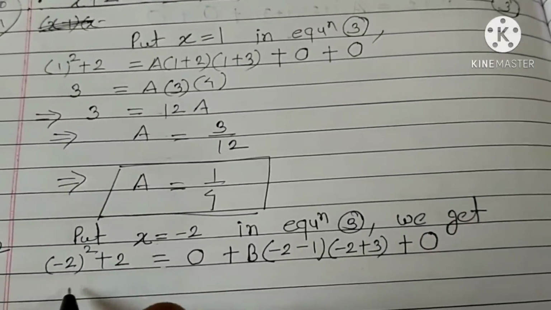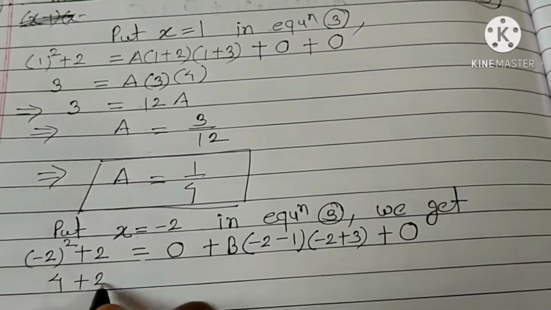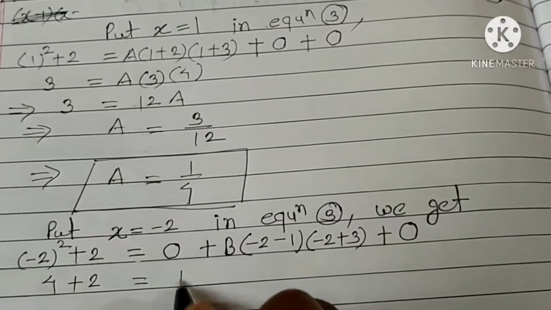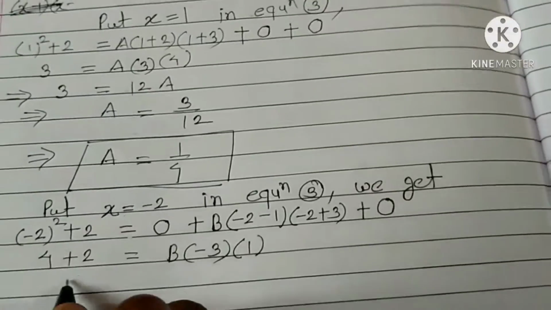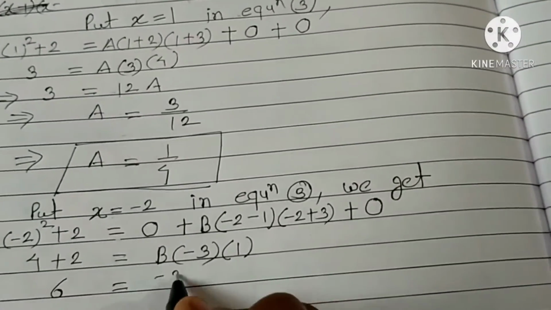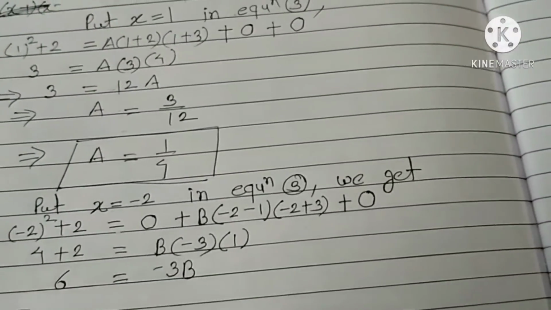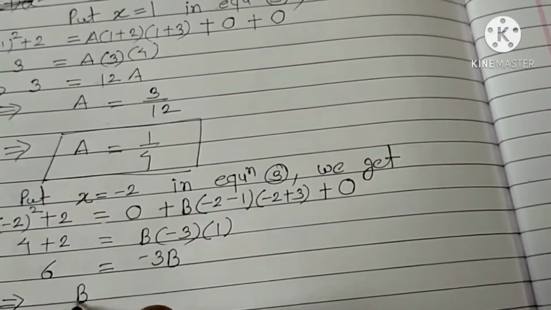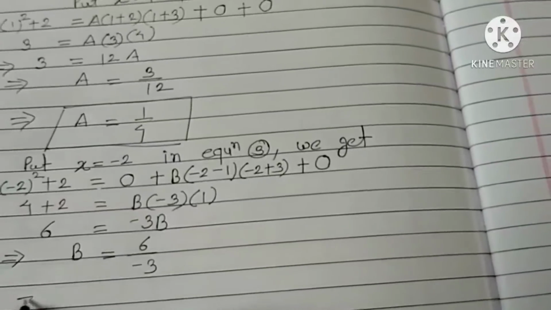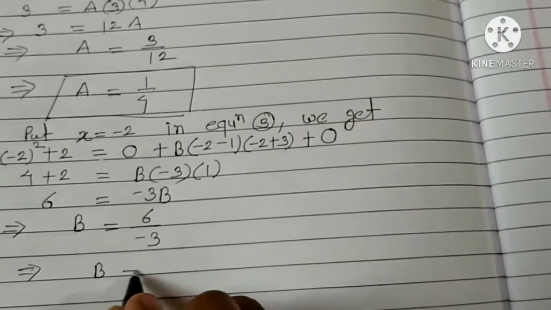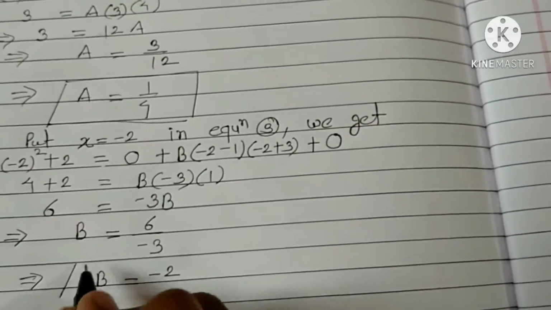Here we get minus 2 square 4 plus 2, which is equal to b into minus 3 and it is 1. So 6 is equal to minus 3b and this implies that b is equal to 6 upon minus 3. So b is equal to minus 2.